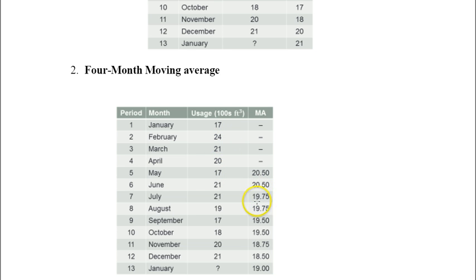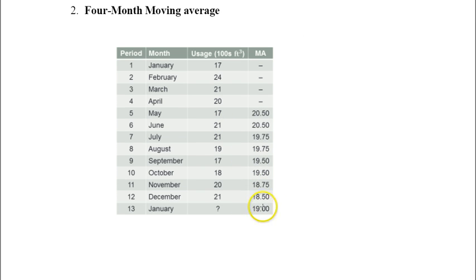If I want July, I drop February and add June, and so on. So my next January forecast is the average of the last 4 months: 1, 2, 3, 4. Add these and divide by 4, and that gives me the forecast there.